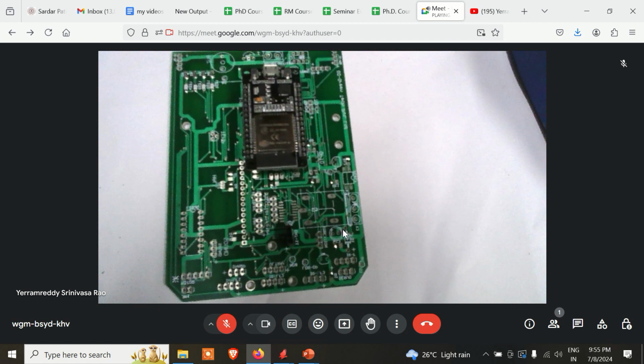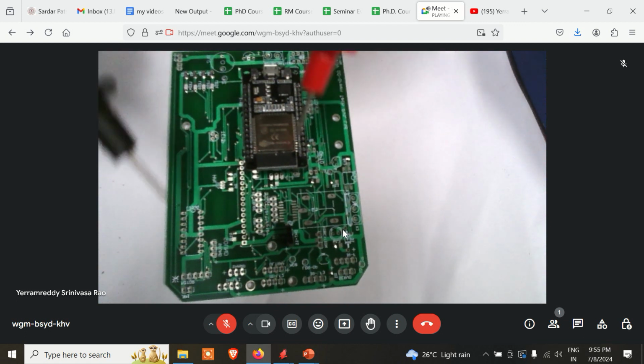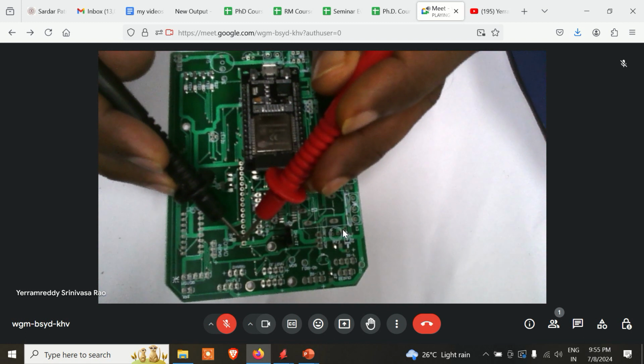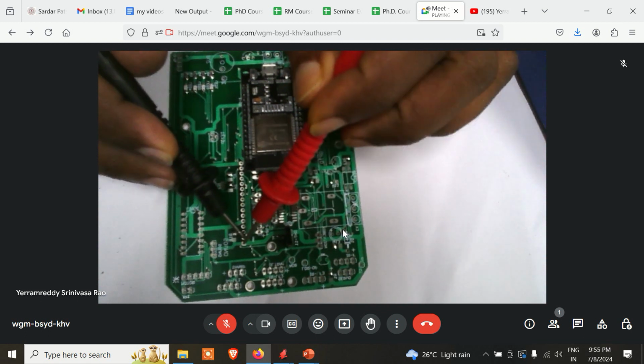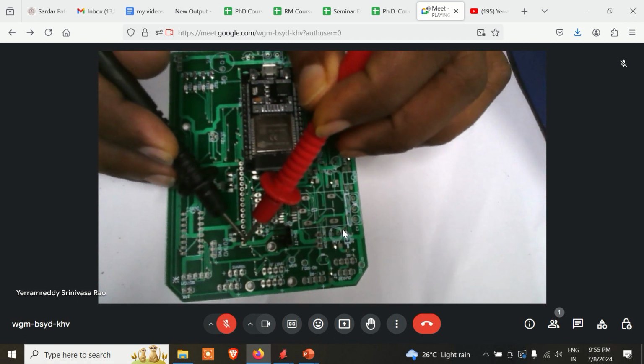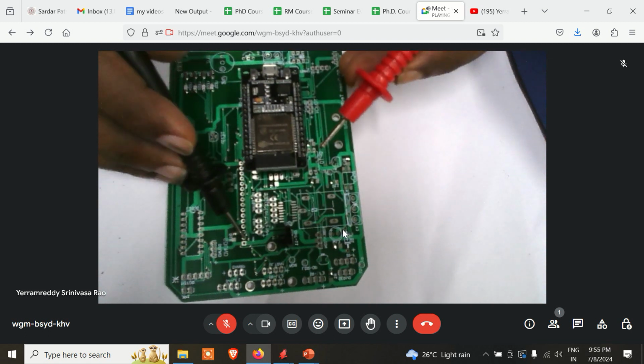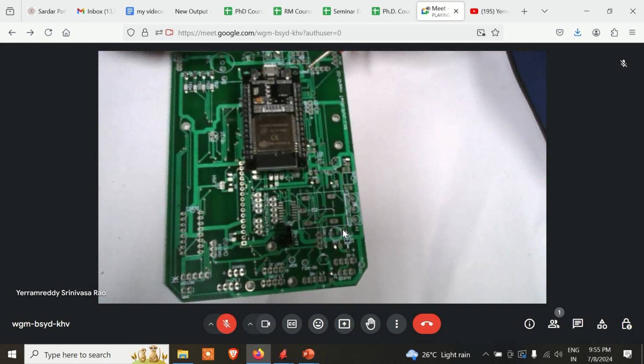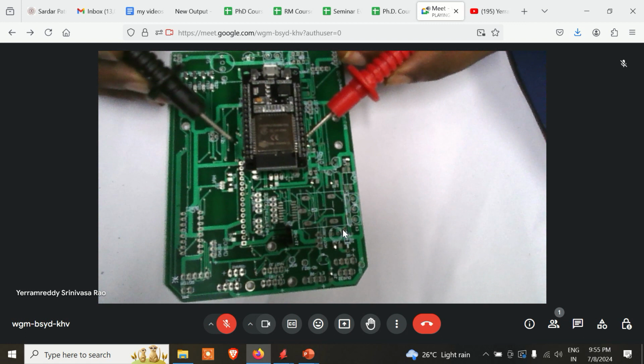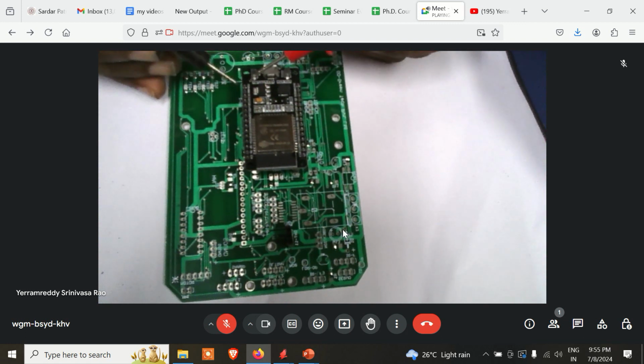Even if you are doubtful, again take the multimeter, keep your multimeter in continuity mode, check the continuity, and after soldering verify whether there is a short circuit between 5 volts and ground, or on your microcontroller 3.3 volts. You can see there is a pin called 3.3 volts.